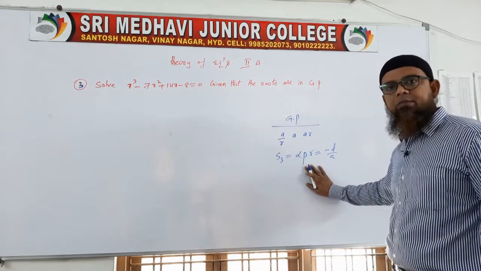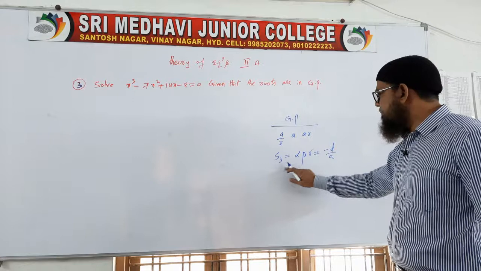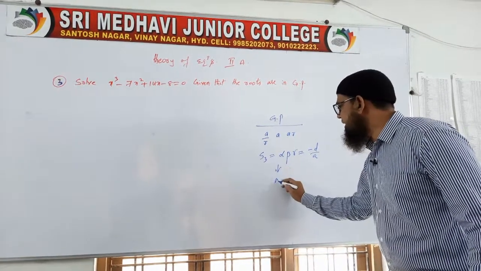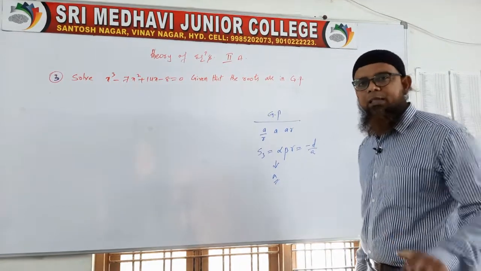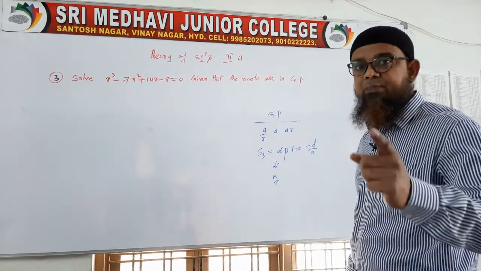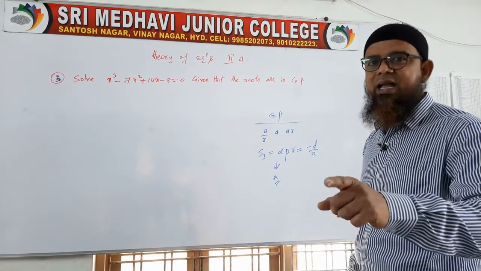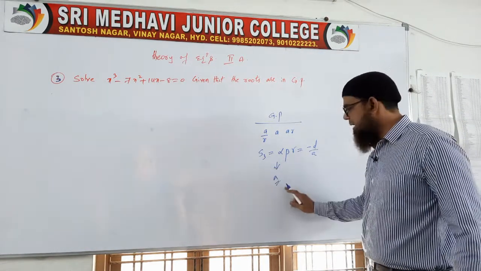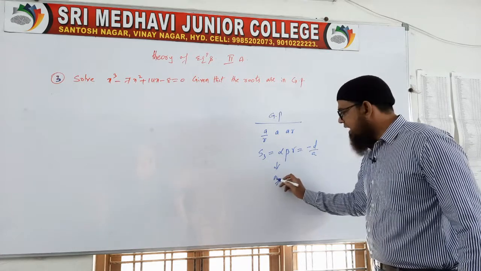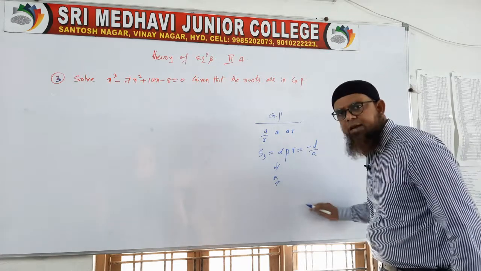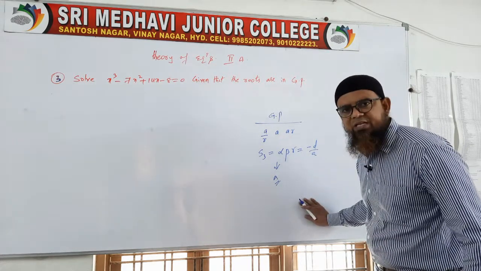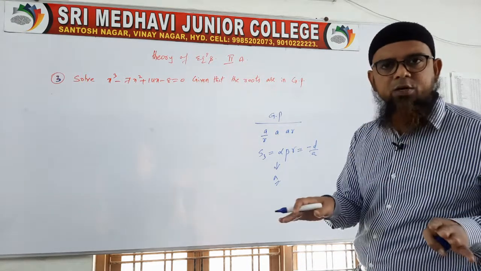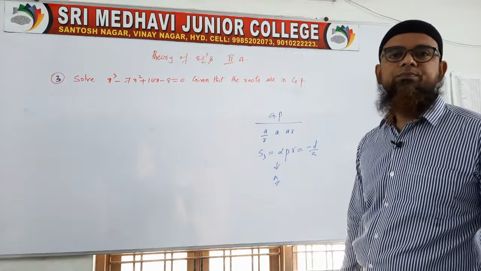This is the S3 formula. When you apply S3, automatically you will get a value. In the previous problem also, when you applied S1, we got a over there. Here also the same thing: you apply S3, and you get a. After getting a, the procedure is the same. We apply synthetic division, then again we get a quadratic equation, split it into factors, and you get the answer.